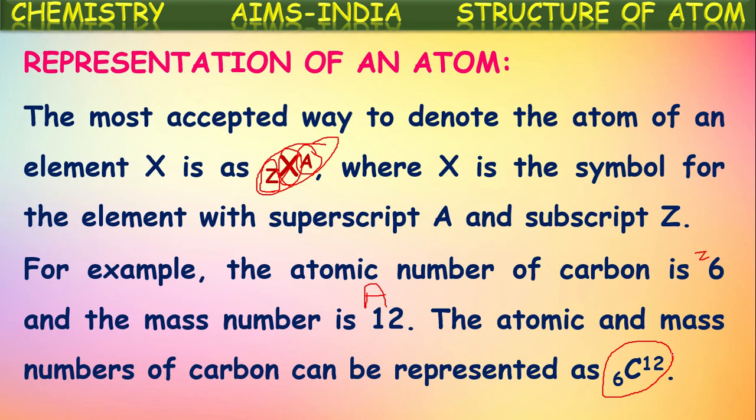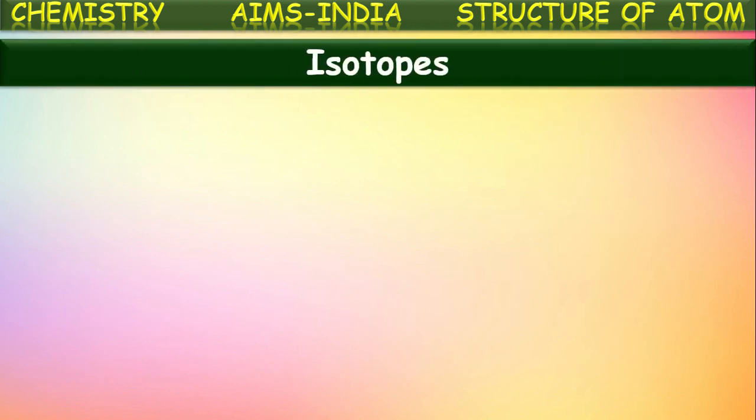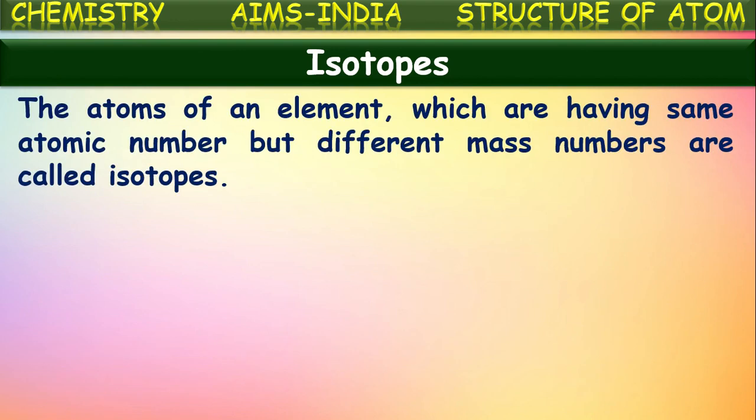Now, based upon these fundamental particles, the electrons, protons and neutrons, and the relation between these, let us see some relations between the atoms. One among them is isotopes. Isotopes means the atoms of the same element which have the same atomic number but different mass numbers.